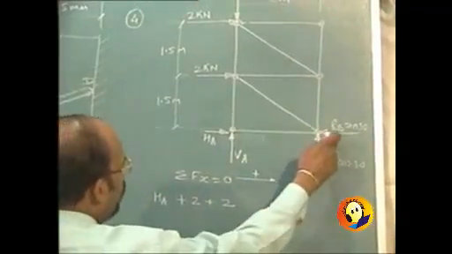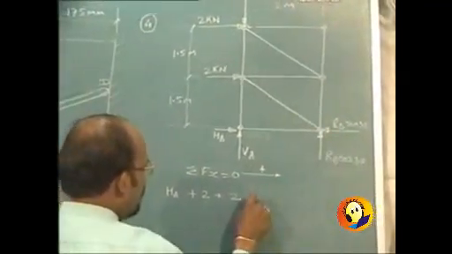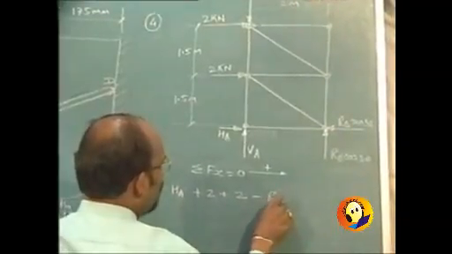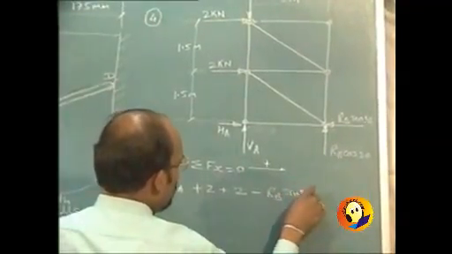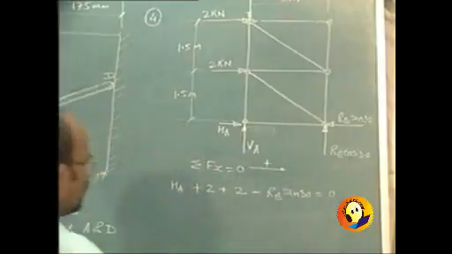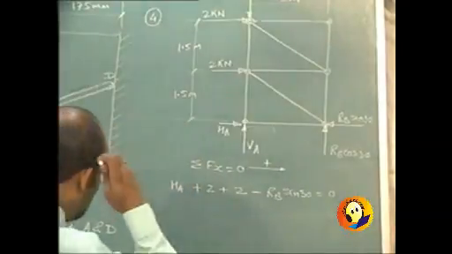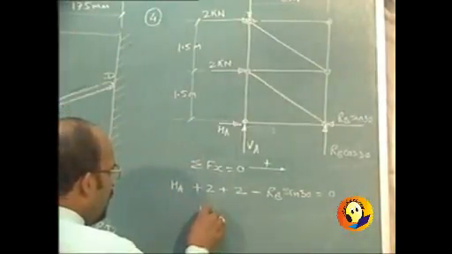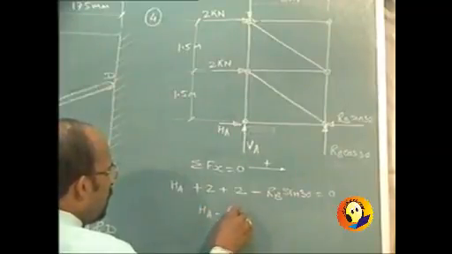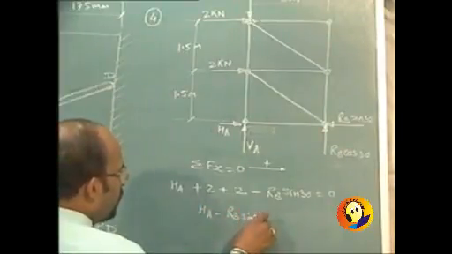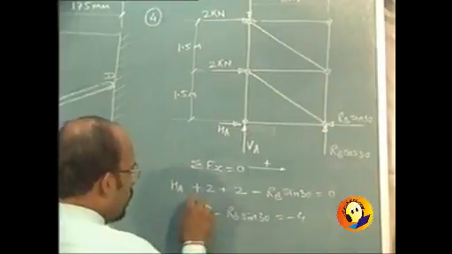And one horizontal force at B acting towards left. So minus RB sin 30 is equal to 0. And you will get the equation as HA minus RB sin 30 equal to minus 4.